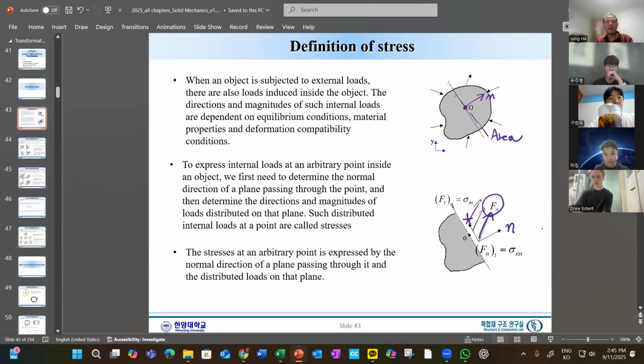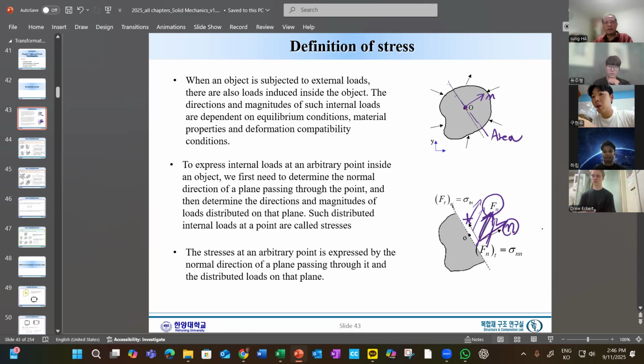There can be a distributed force like that, but we just like to focus on one point, O. Let's say there's a force distributed over the surface, and we represent it as Fn. Now, this Fn is also a vector. So we are specifying two vectors: one is this n vector, and the other one is this force vector. Those are key points.